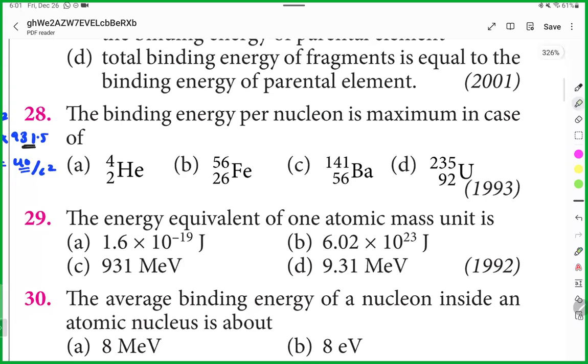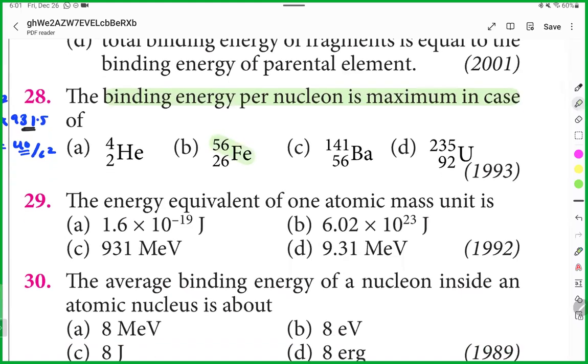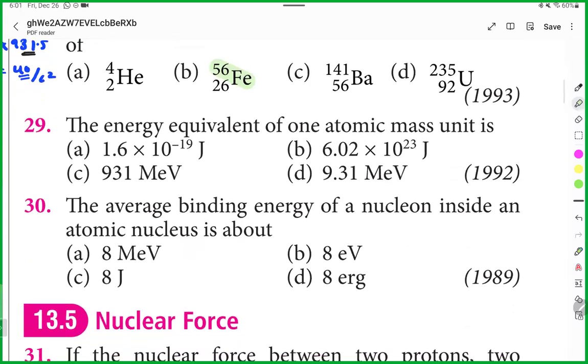Sarah, binding energy per nucleon is maximum in which element? Maximum in iron. Chandana, energy equivalent of one atomic mass unit is equal to 931 mega electron volt.